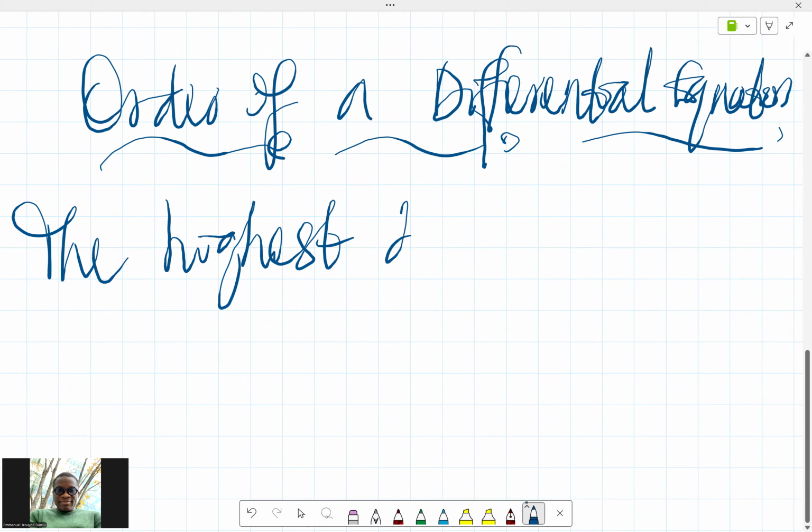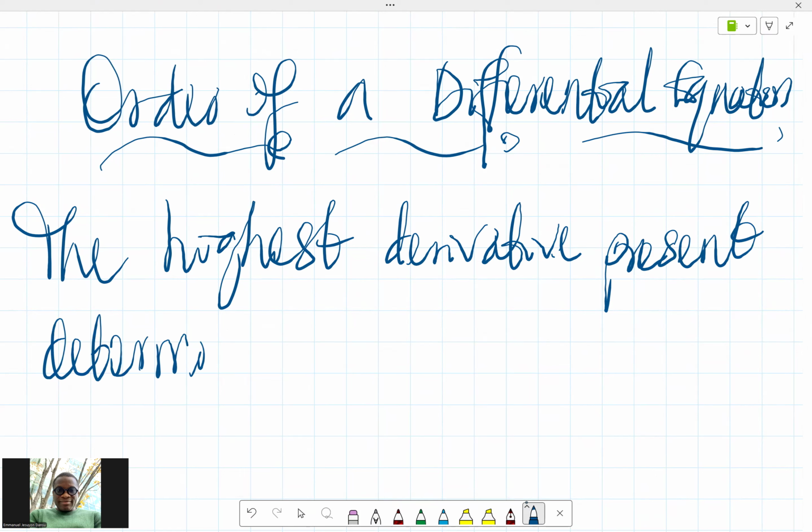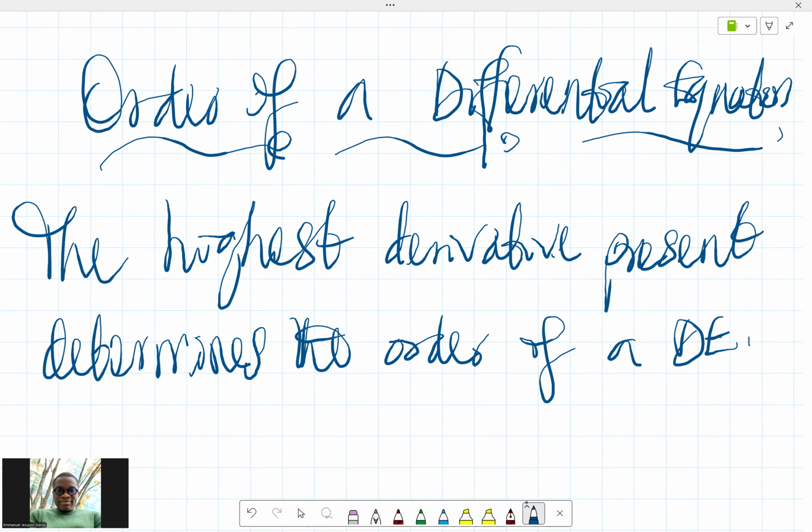The highest derivative present determines the order of a differential equation.